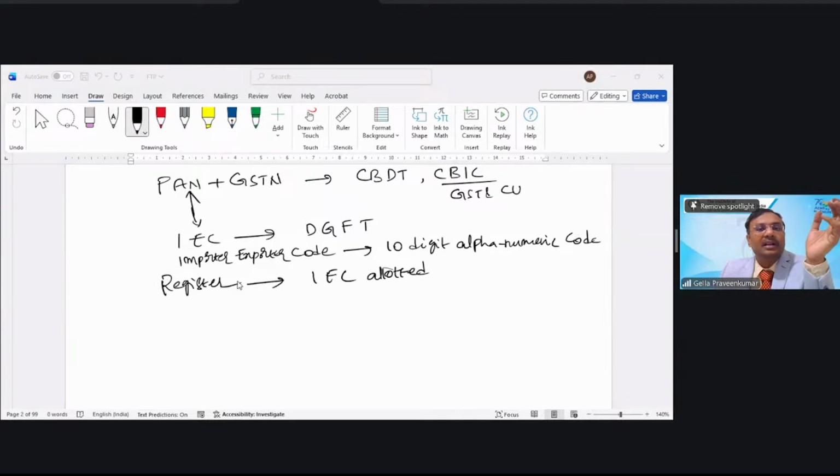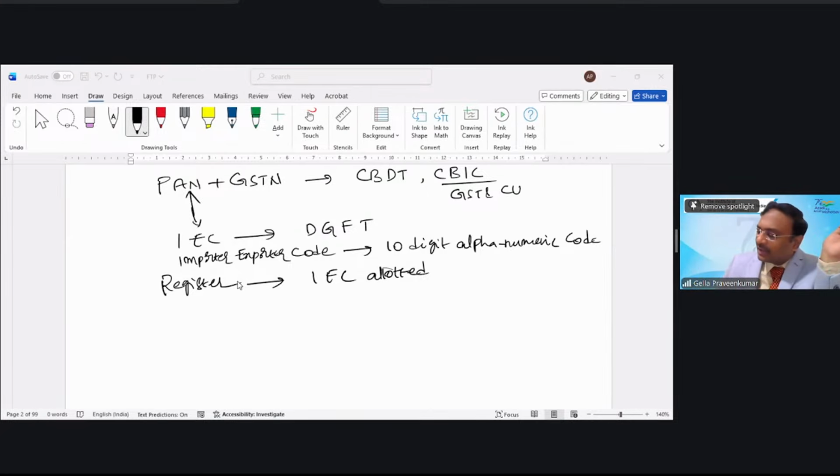Now, earlier under DGFT, my IEC number was different, my PAN number was different. When you look at the IEC, I used to have a 12-digit different code, which was just numbers.